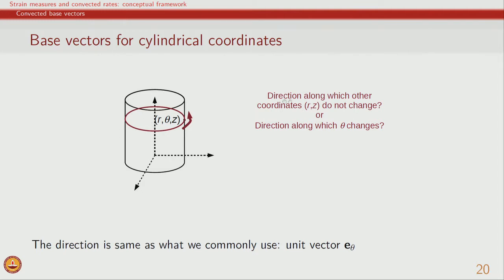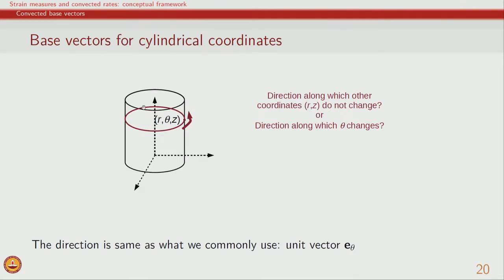And so, the question that we could ask, for example, is the direction along which the other coordinates, let us say r and z, do not change, or alternately the direction along which theta changes, and of course, that is clearly this. So, this is the direction in which theta changes, and of course, we know that this unit vector E theta indicates the direction where theta changes.